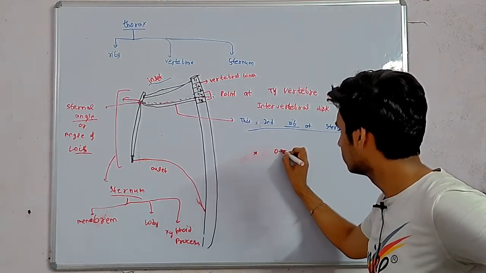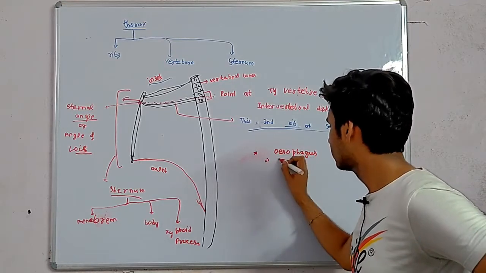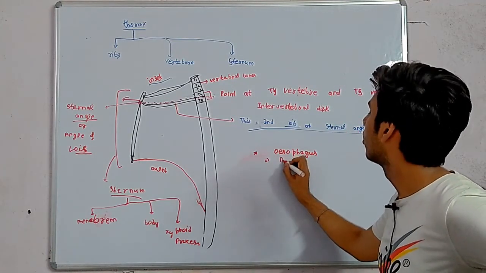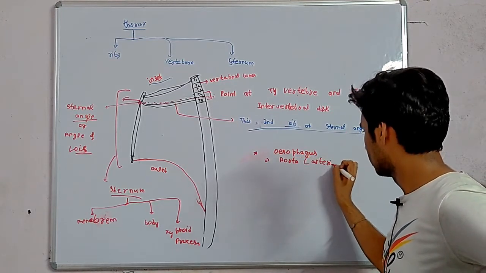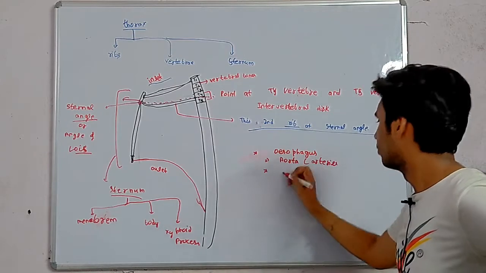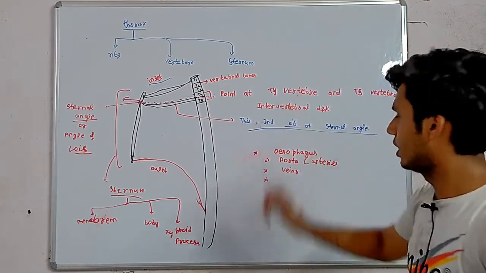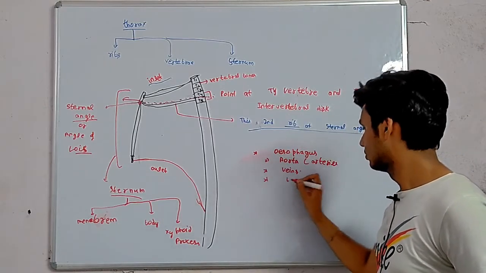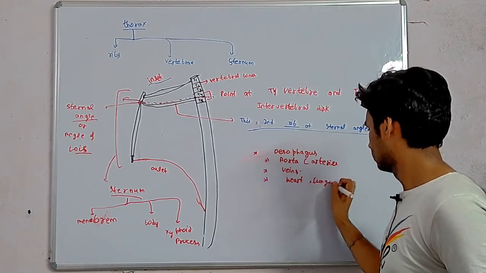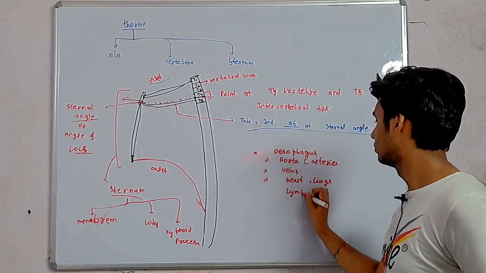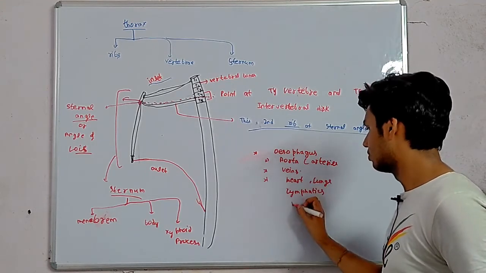Like esophagus, ribs, esophagus, aorta, मतलब arteries, veins, heart, lung, lymphatics, nerve.